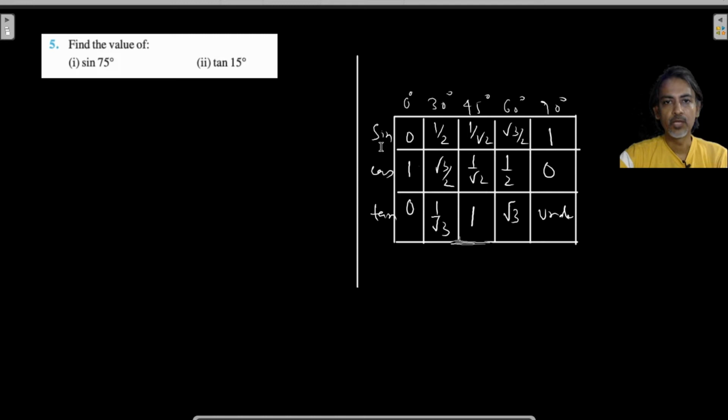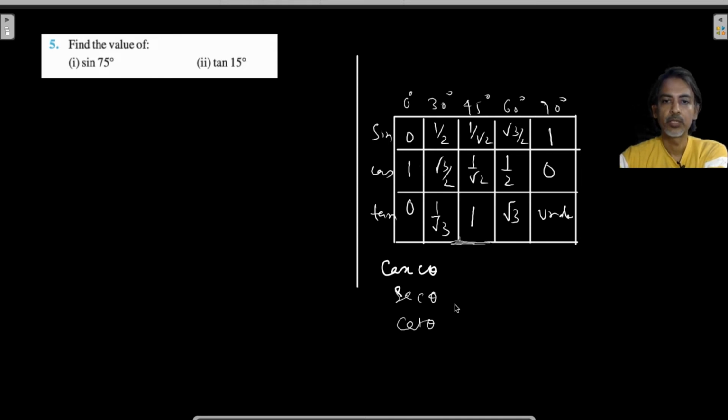So if you know the values of sine, cos and tan, you can actually get the values of cosec theta, sec theta and cot theta, because they are reciprocals of sine, cos and tan, right?